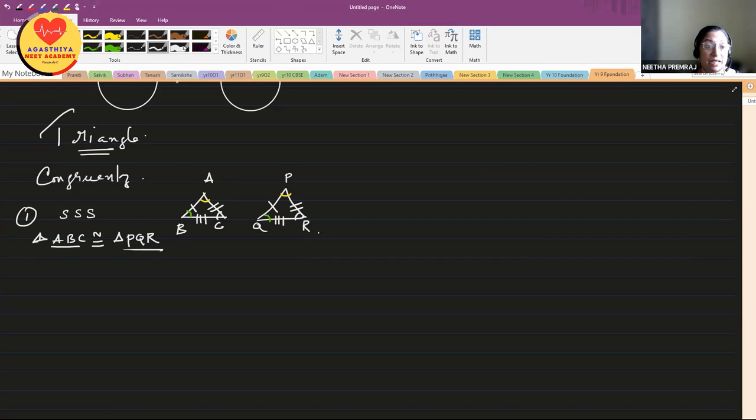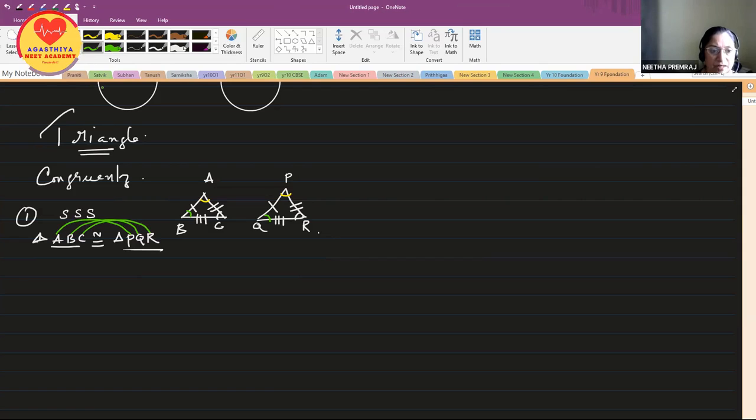But when you say two triangles are congruent, the order in which we write is very important. This is the way you have to say two triangles are congruent.